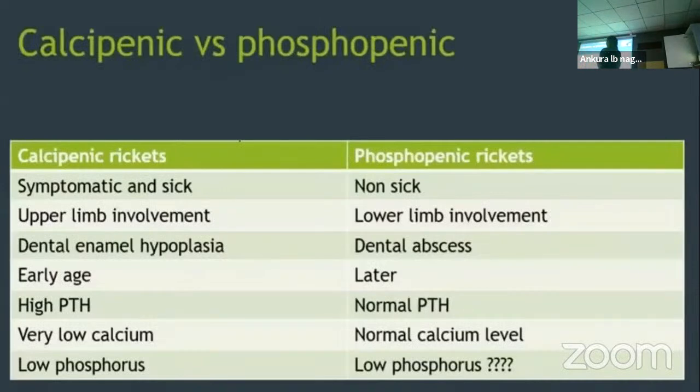So the presentation is likely hypophosphatemic rickets rather than hypocalcemic rickets. Our child had more lower limb involvement, with normal PTH and normal calcium with low phosphorus.